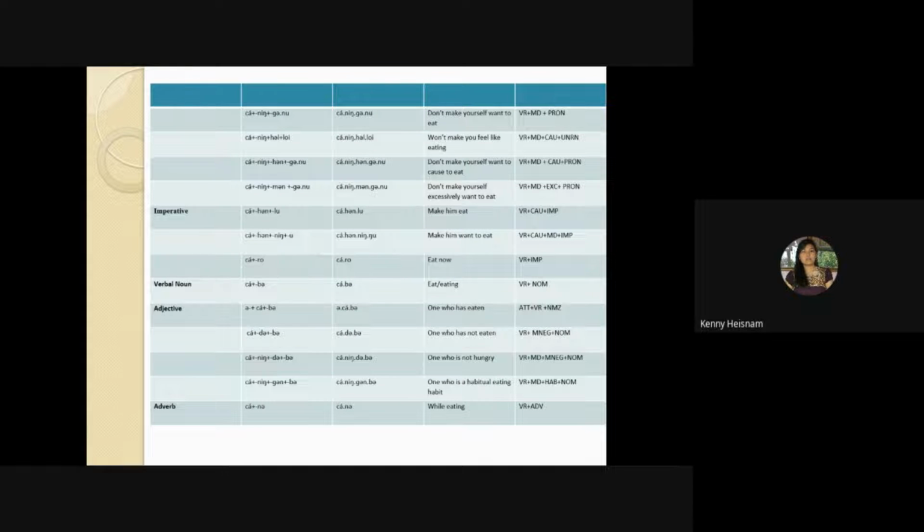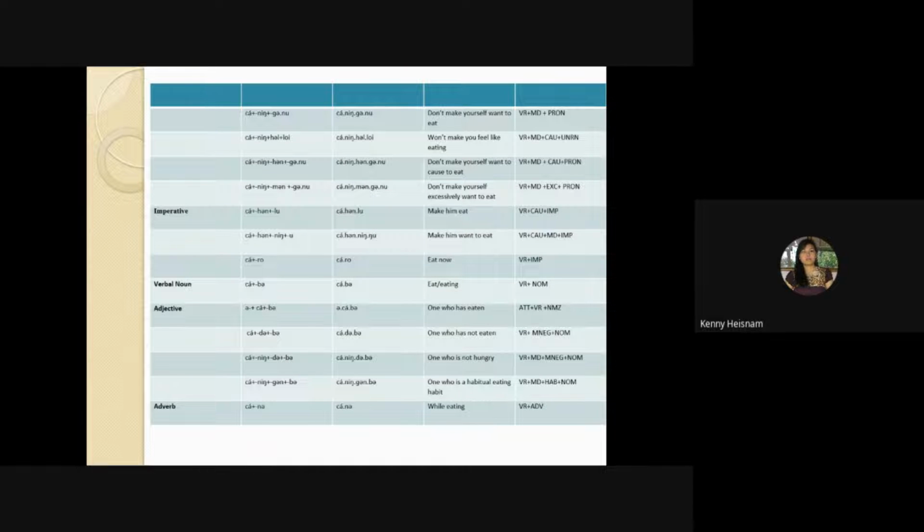For the case of adjective, one prefix has to come before the verb root. Achaba, that is attributive prefix plus verb root plus nominalizer, one who has eaten. Chadaba, verb root plus morphologicalized negative plus nominalizer.